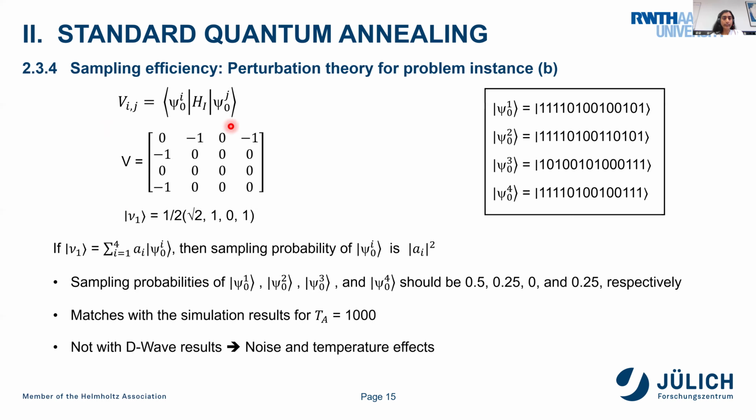So in the long annealing time limit, it is the ground state of this matrix that determines the sampling behavior of the 4 ground states. So for this particular case, we should then expect the sampling probabilities of the 4 ground states to be 0.5, 0.25, 0, and 0.25, which matches well with the results that we have from the simulations for such annealing times. However, again, the deviation of the results from the D-wave, in this case from the simulation results, hints towards these imperfections in these devices.